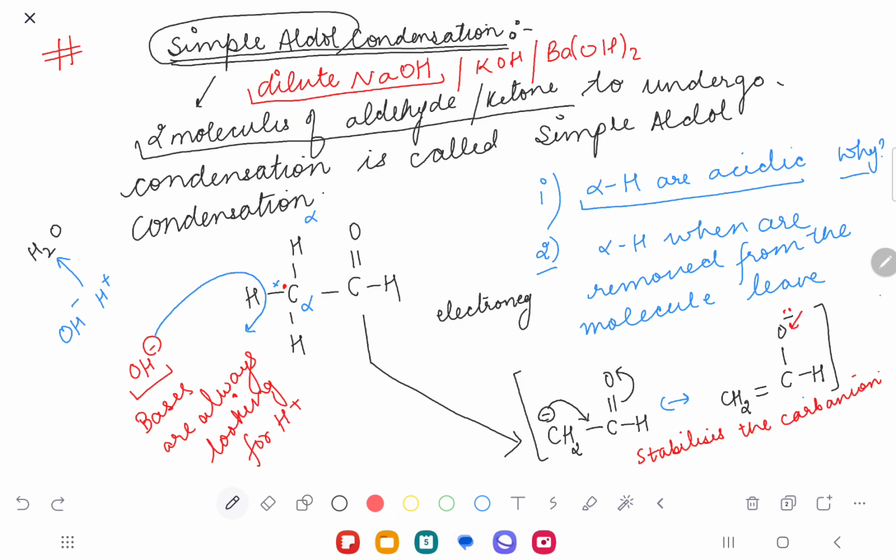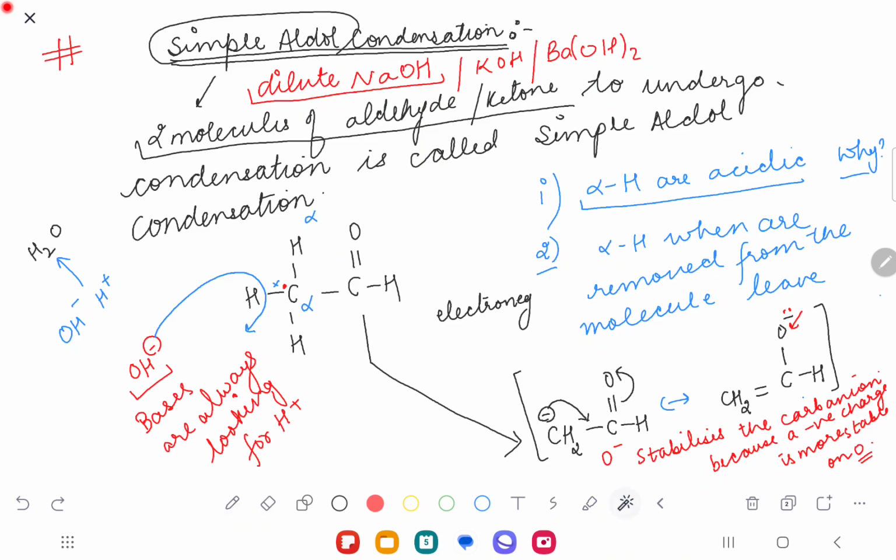So O negative stabilizes the carbanion, because a negative charge is more stable on oxygen. I hope you're understanding.